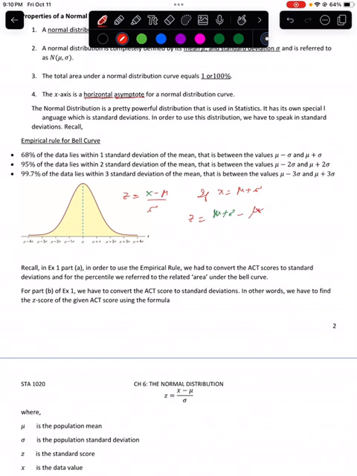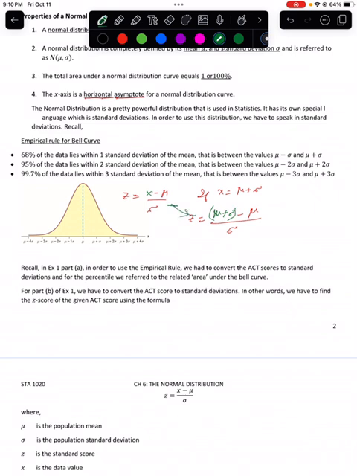What I did here, if you note, is I have the same formula as here, but I only replaced the x value by mu + sigma.